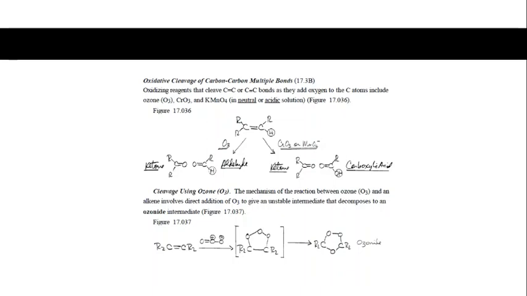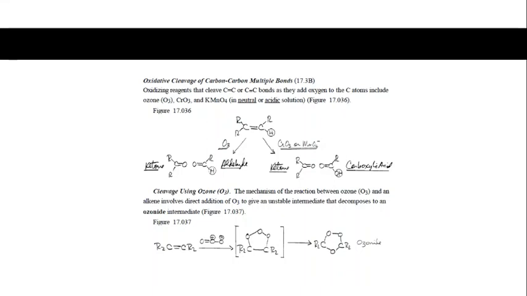We have already discussed KMnO4 previously, but in that case we didn't do the acid workup. But if you proceed with KMnO4 and acid, instead of the diol it will end up with the complete cleavage of the C-C bond, resulting in the ketone or the aldehyde. I already told you before.